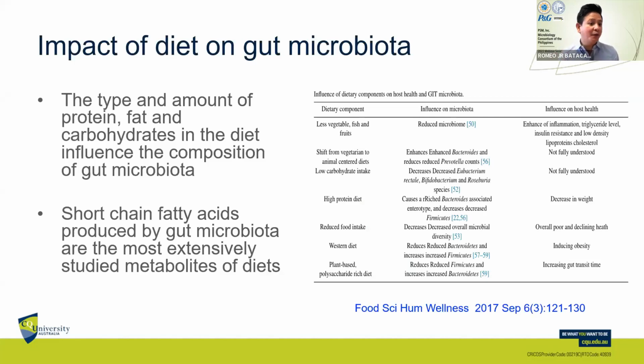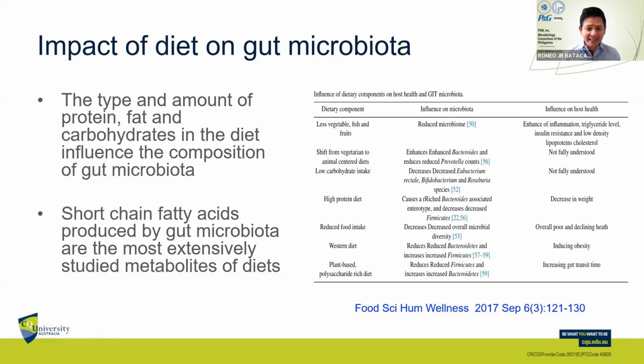I mentioned that diet is a determinant of gut microbiota composition. How does diet influence the gut microbiome? The type and amount of protein, fat, and carbohydrates present in the diet have been widely found to impact the composition of the gut microbiota.